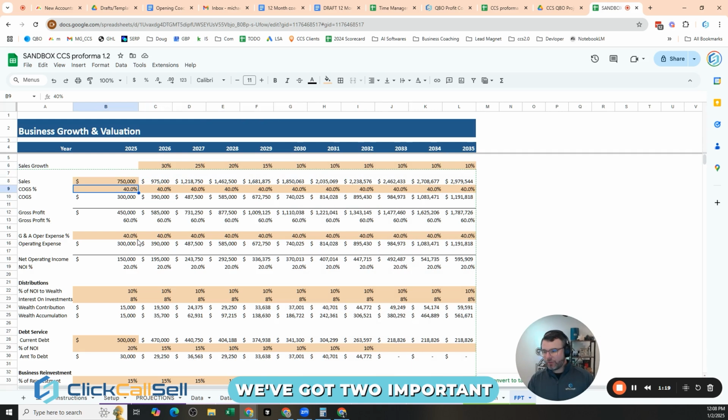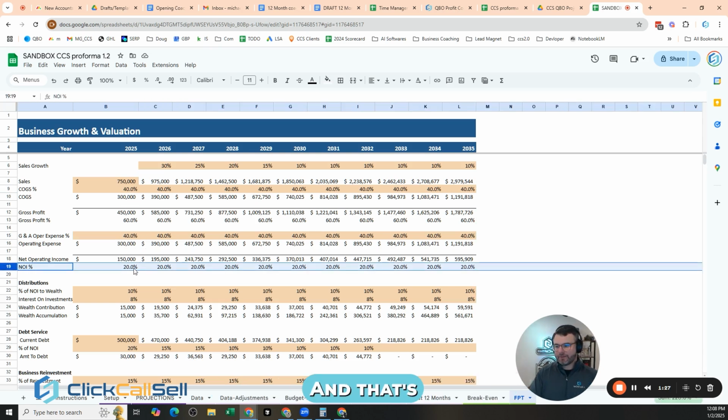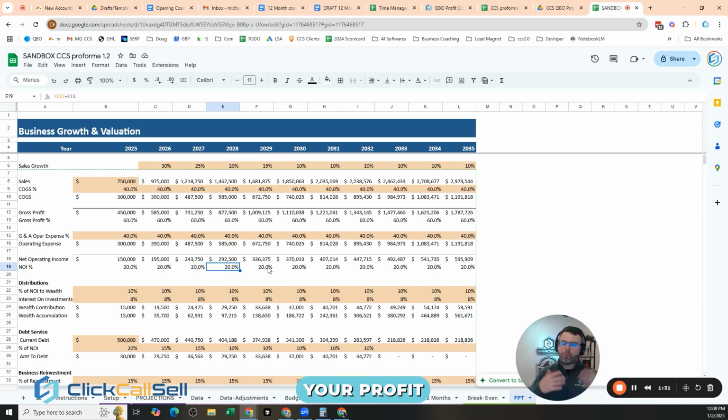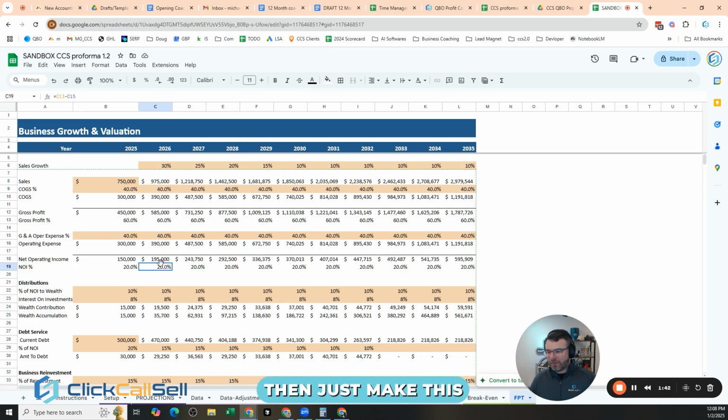And then we've got 2 important line items here: your cost of goods sold and your general operating expenses. What we're really looking at is line 19, and that's how much your net profit is going to be, or your net operating income. So what do you expect your profit to be each one of these years? I've just done this as a blanket 20% profit, but just look at your cost of goods sold, and if you're not sure about this one, then just make this whatever you want it to be.